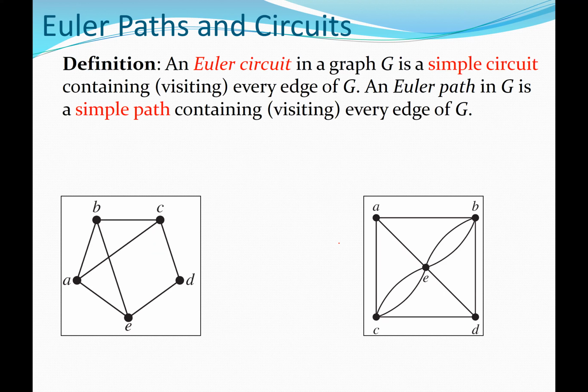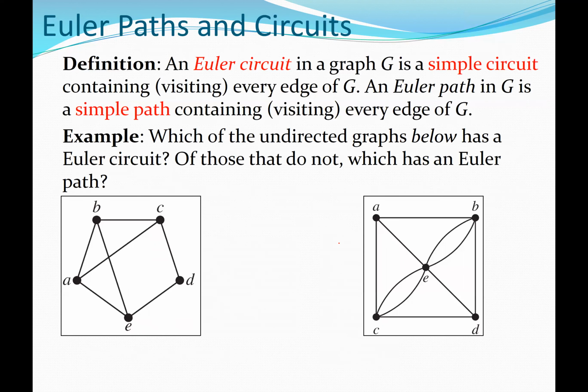An Euler path in G is a simple path that contains every edge of G. So you can see the difference between circuit and path. With a circuit, you go back to your original position, but not with the path. They both have to be simple.